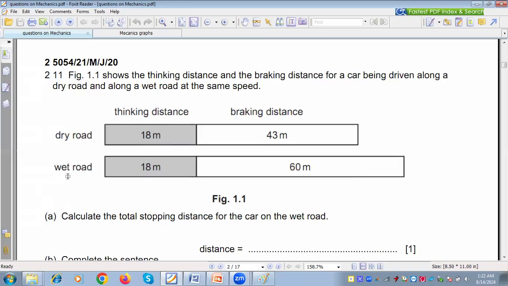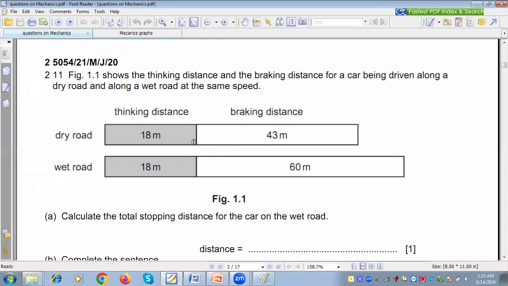When the driver is going at a certain speed and he sees the hazard and applies the brake, the distance covered during that time interval, between seeing the hazard and applying the brake, that is reaction time. So the distance covered during the reaction time is thinking distance. So on dry road it is 18 meters, and the braking distance on dry road is 43 meters.